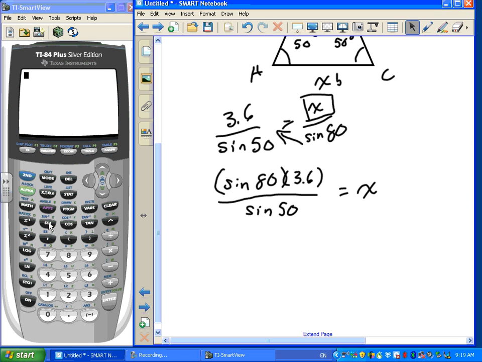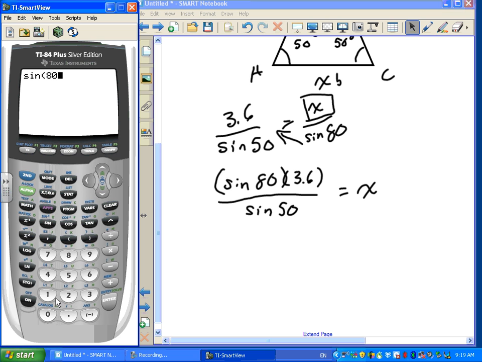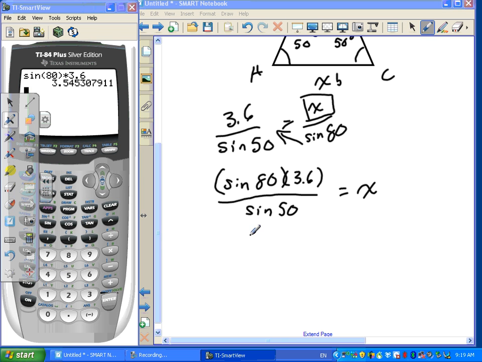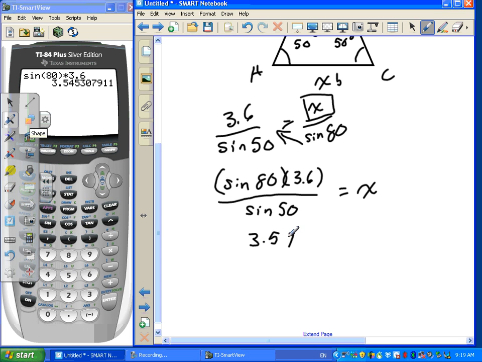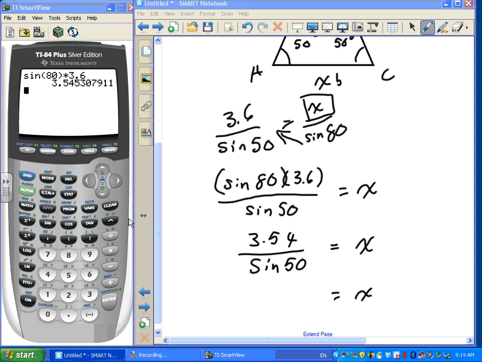So we have sine 80 times 3.6. That gives us 3.54 over sine 50. And then we're going to take our answer from above.